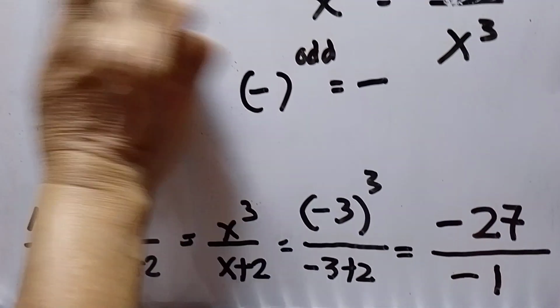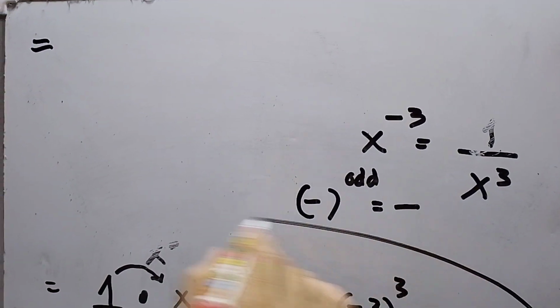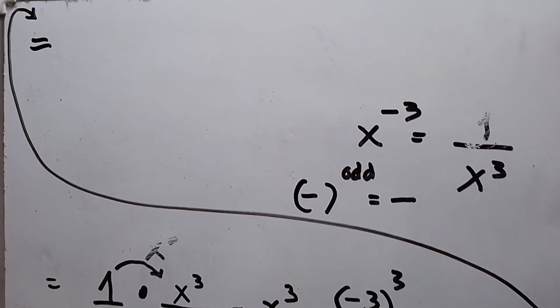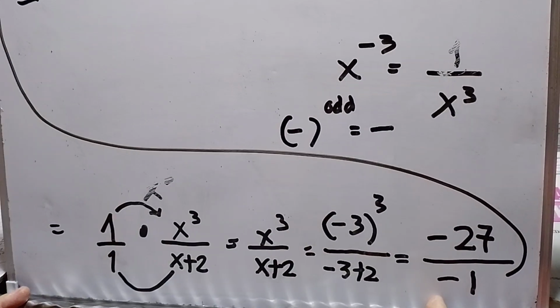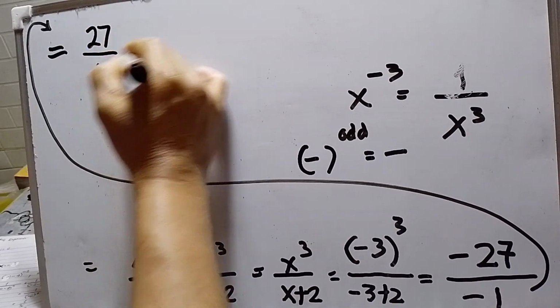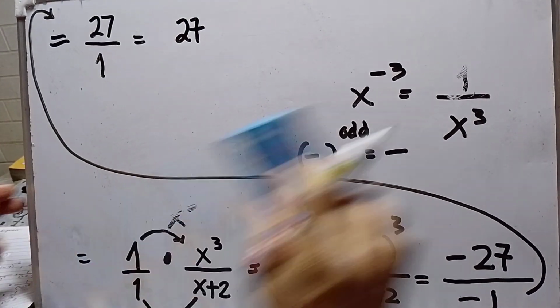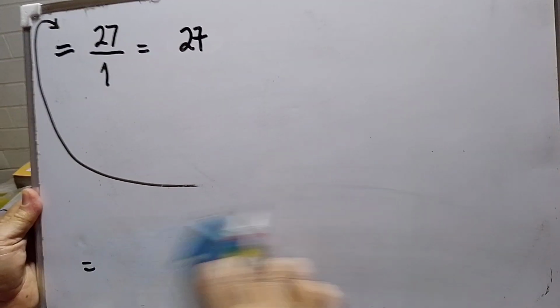So what is negative divided by negative? Negative divided by negative will be equal to positive. So 27 over 1, and we know that 27 over 1 is equal to 27. So that is for number 2.